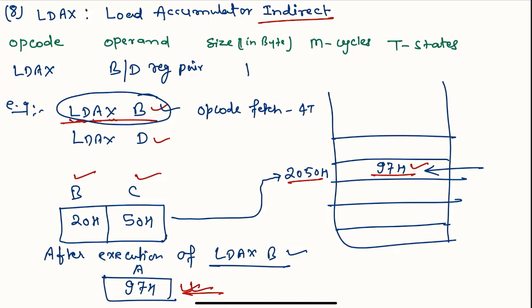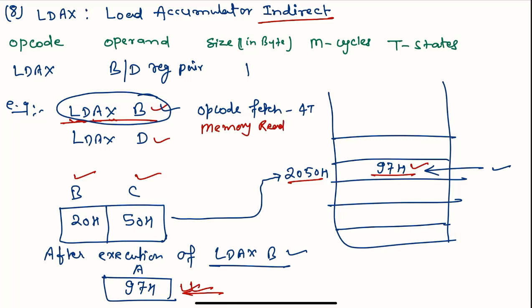After opcode fetching, the processor knows that we need to access data from the memory to the processor, because this 97H was previously stored in the memory and now it is coming to the accumulator, which resides in the processor. Here we are reading data from memory to the processor, so that machine cycle is called a memory read. So the second operation is a memory read.